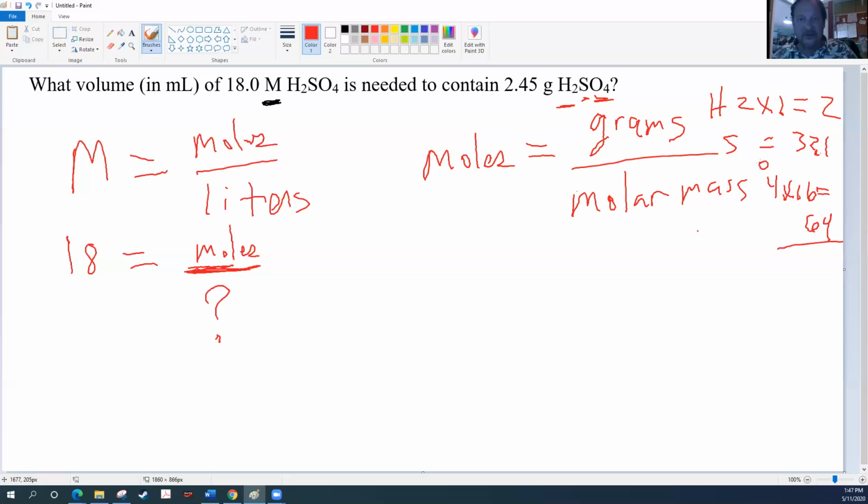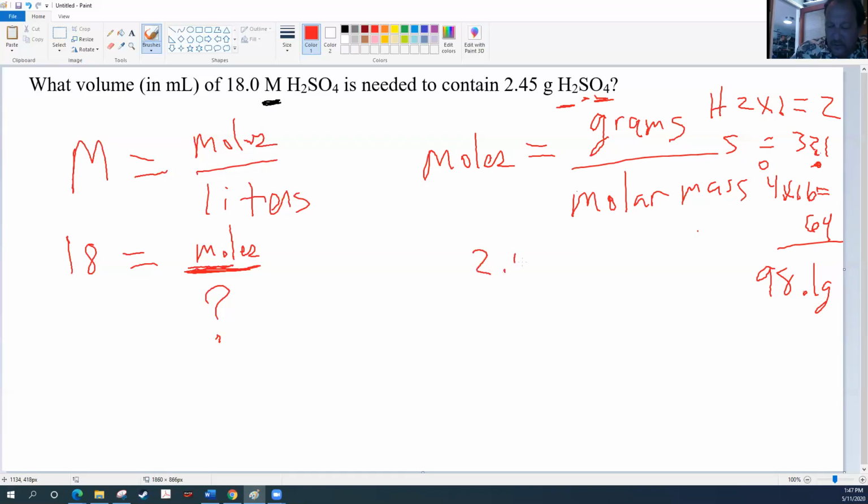Again, I apologize for as messy as this is, but I'm working with what I have to work with. And in the end, that was a 32.1 right there. This is going to end up being 98.1 grams of sulfuric acid. So they told us we want to get 2.45 grams.